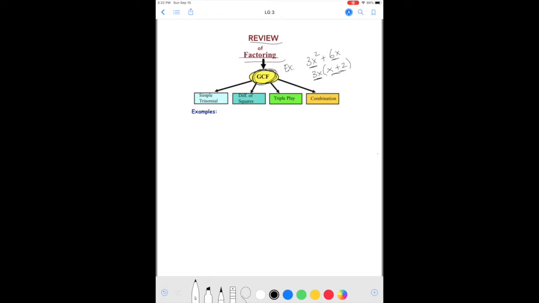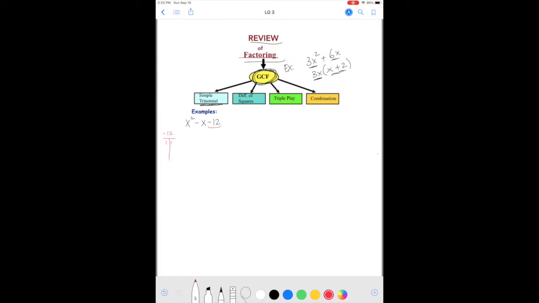Okay, now, if you have three terms, we call it a trinomial, we just go about this. So let's say we had x squared minus x minus 12. Just remember that when you are factoring trinomials and there's no GCF, you take the last term, the constant here, and we do what's called a t-chart.